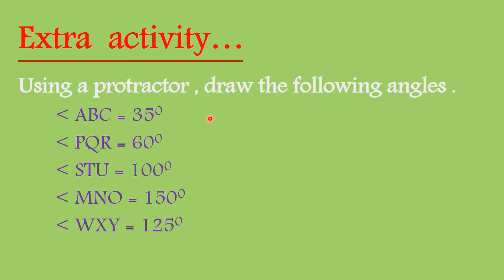If you are going to keep the A point on the right-hand side and the B point on the left-hand side, then you have to measure the 35 degrees from the inner scale. Again I will tell that one.